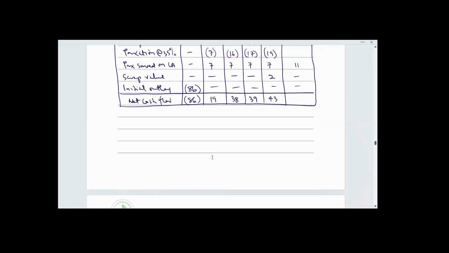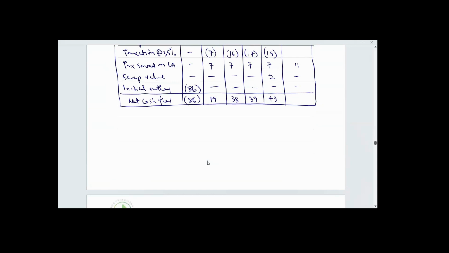Since the examiner asks us to calculate internal rate of return, the next thing I need to do is assume two discount rates that will produce two opposing NPVs. Before you assume your discount rates, be careful not to just be doing iteration.